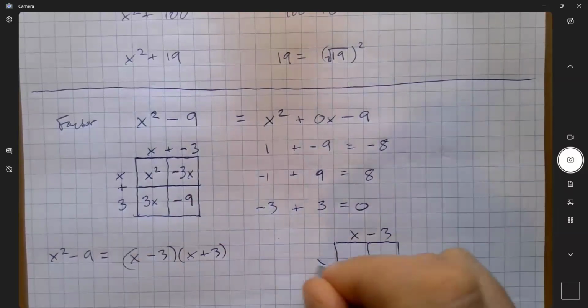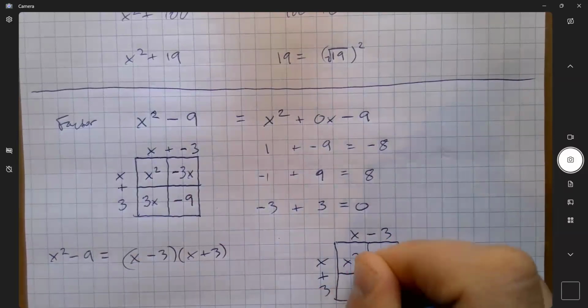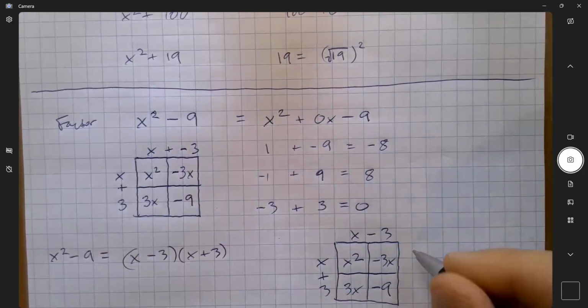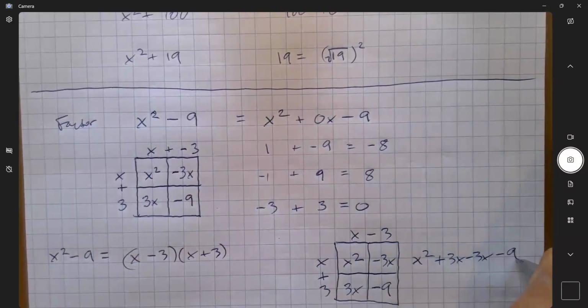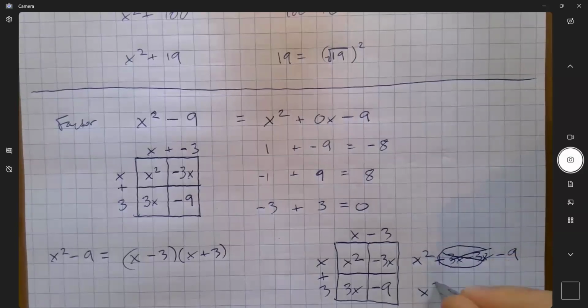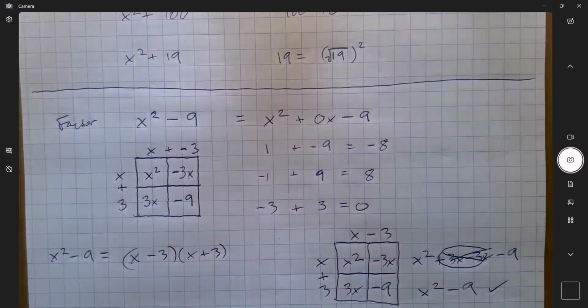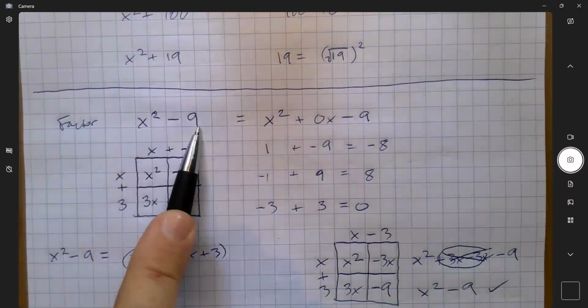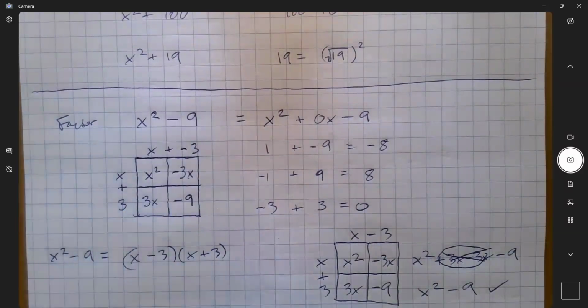X minus 3 times x plus 3 gets x squared minus 3x plus 3x and minus 9. And the plus 3x and the minus 3x are going to cancel, and they give me the x squared minus 9. So our special case is x squared minus a number, and that does factor.